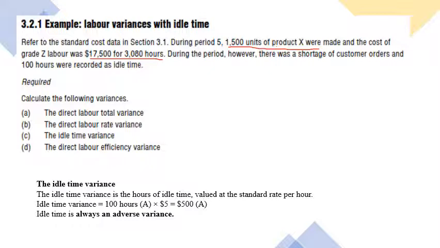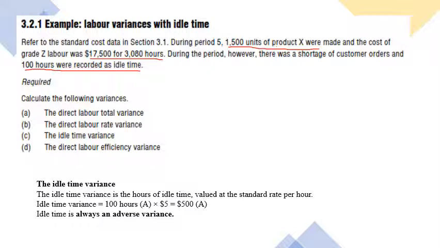During the period there was a shortage of customer orders, and 1000 hours were recorded as idle time, in which in fact you did not receive any orders, and if you do not receive any orders, then you may not ask your labor to still work to manufacture products.